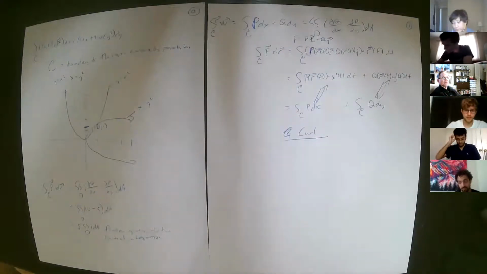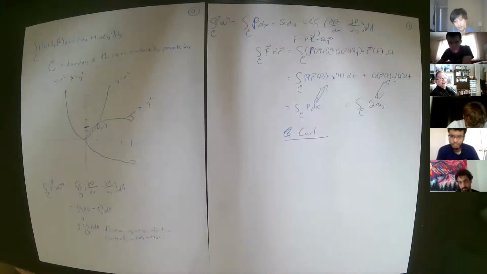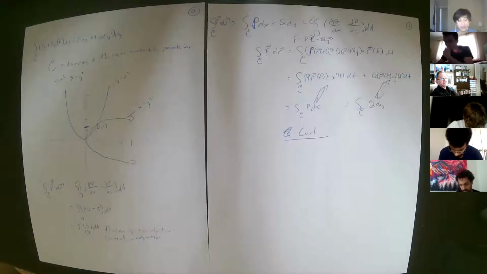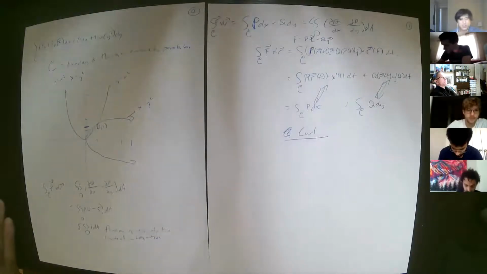If you picked up that book I told you to read at the beginning of the semester, Div Grad Curl, we talked about gradient already, and now we're going to talk about div, the divergence, and the curl. So we're going to cover all three objects that I said were of interest.